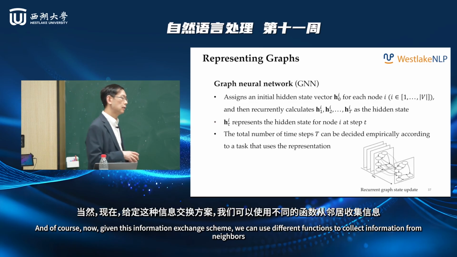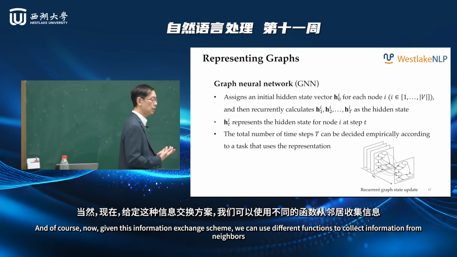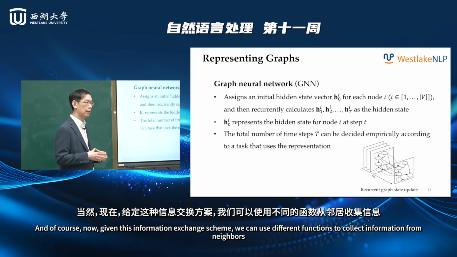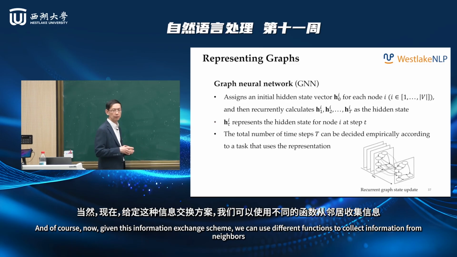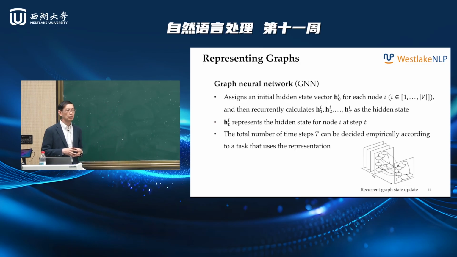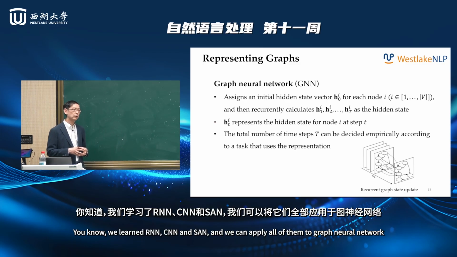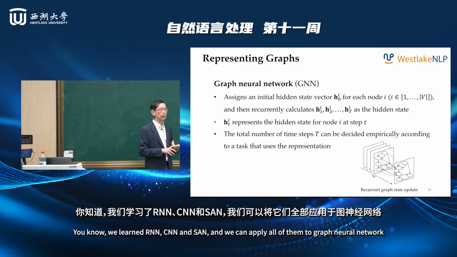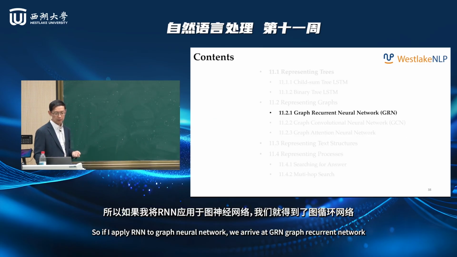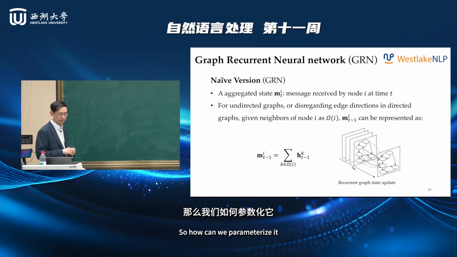And of course, given this information exchange scheme, we can use different functions to collect information from neighbors. We learned RNN, CNN, and SAN, and we can apply all of them to graph neural networks. If I apply RNN to graph neural networks, we arrive at GRN, graph recurrent network. So how can we parameterize it?